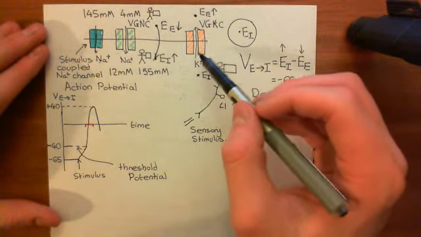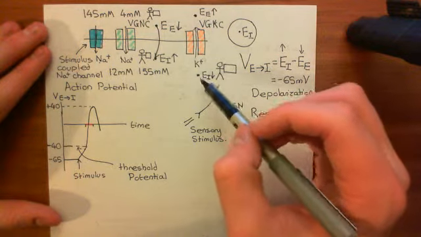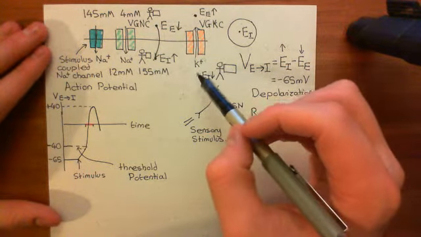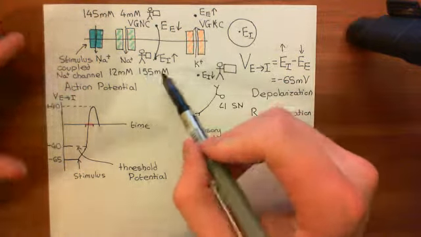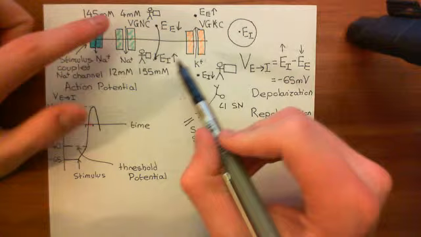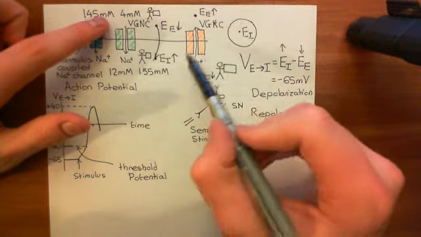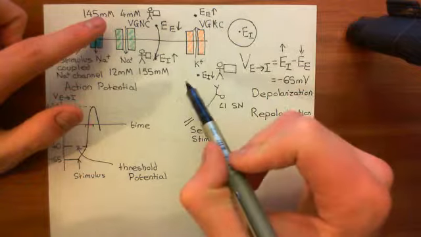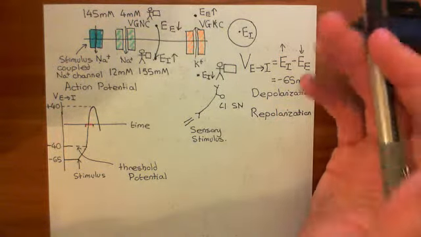Well, you're correct. The electrical gradient will now favour the movement of potassium into the cell rather than out of the cell. But the concentration gradient, which is around 40-fold, is still saying move out. So the concentration gradient says move out, the electrical gradient says move in. The question now is, who wins?